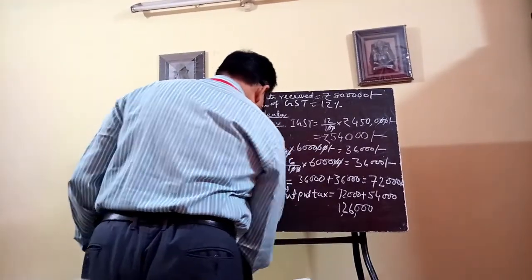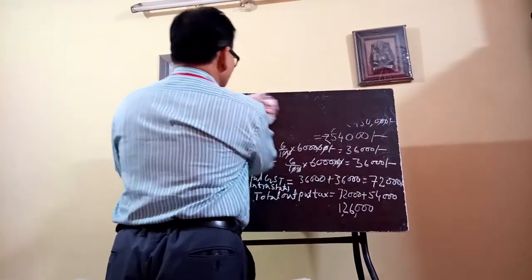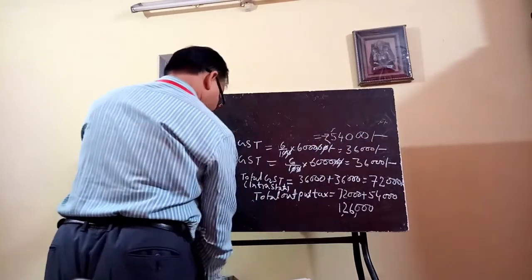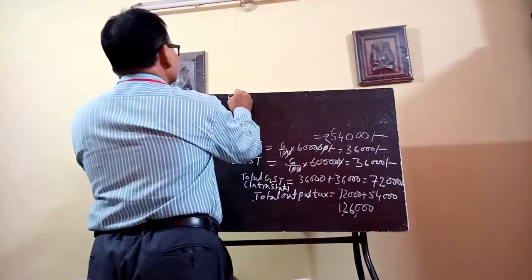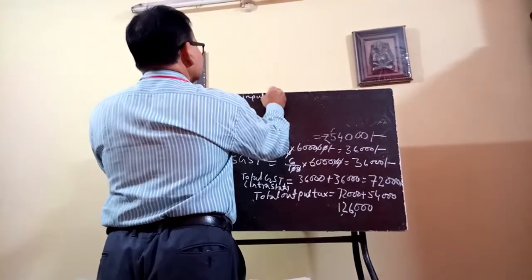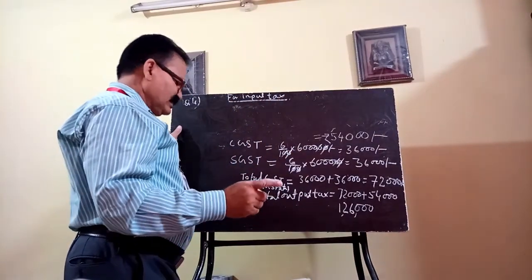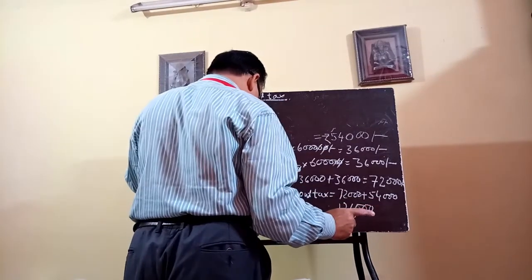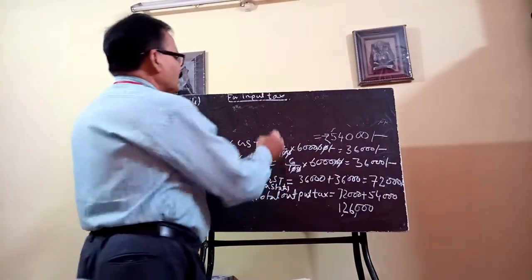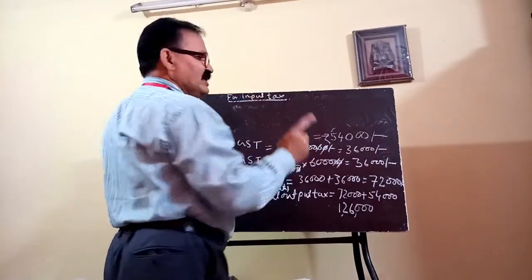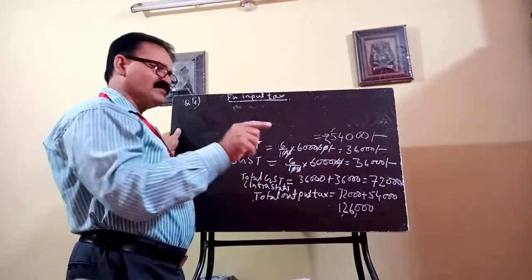Now you have to find out the input tax credit for input tax. For input tax, the value of your input is your 8 lakh. The value of your input is 8 lakh because the dealer of Delhi purchased the goods from the manufacturer of Delhi itself.